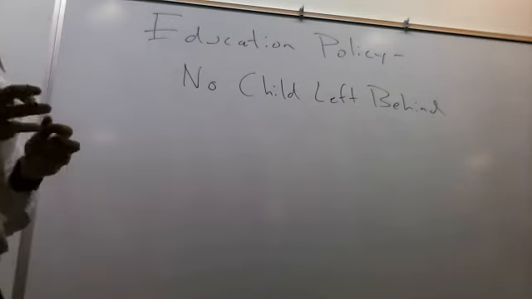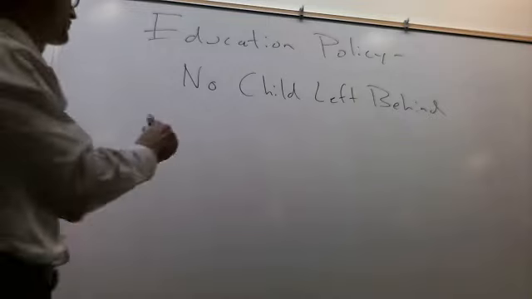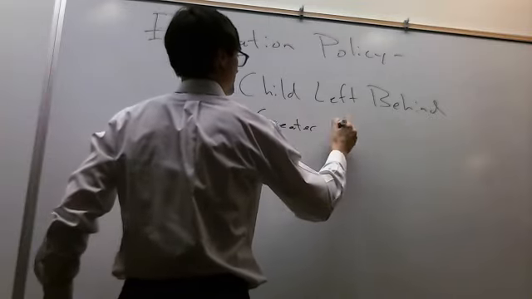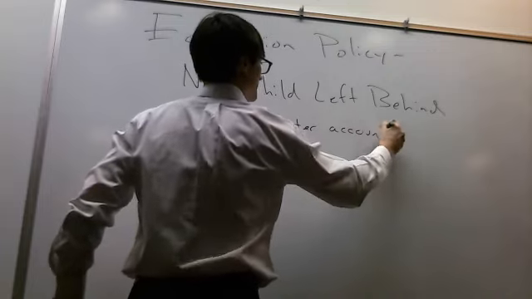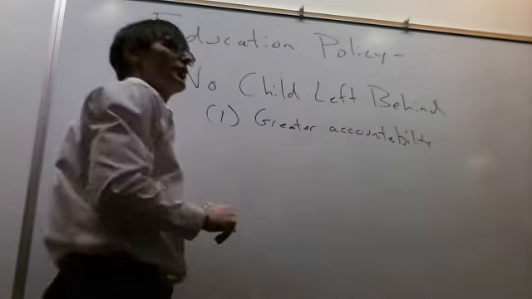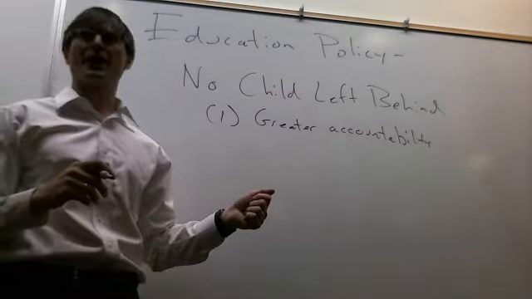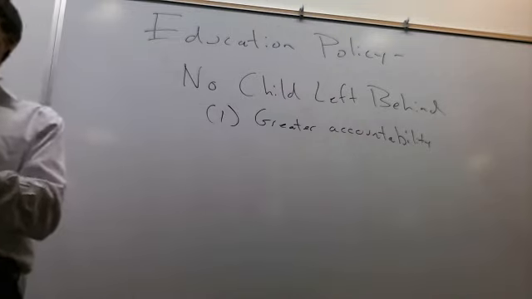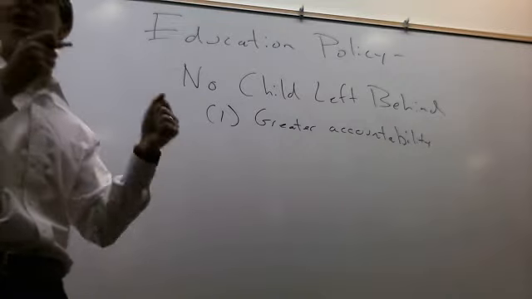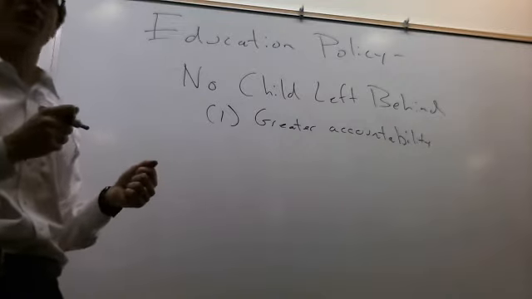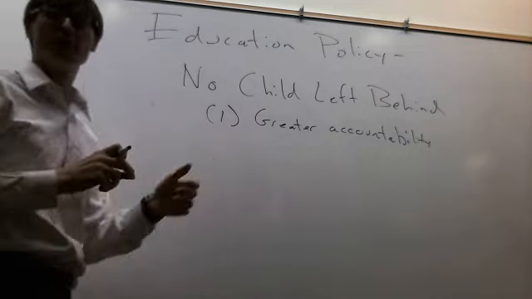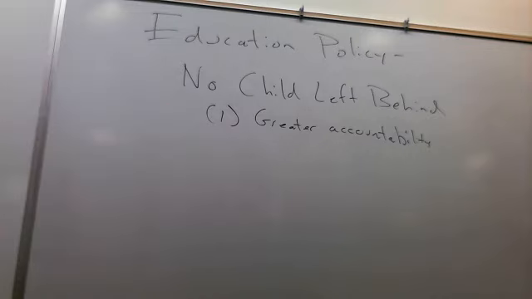And so the idea behind No Child Left Behind was, first of all, to create greater accountability for schools. Accountability was the name of the game: there was going to be testing, and if schools weren't clearly educating those kids, then they were going to get some sort of penalty for not doing so. And there are big-time incentives to make sure that school districts were in fact educating kids.